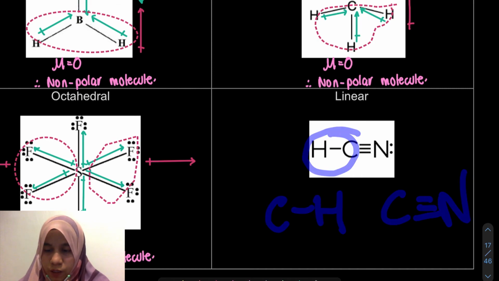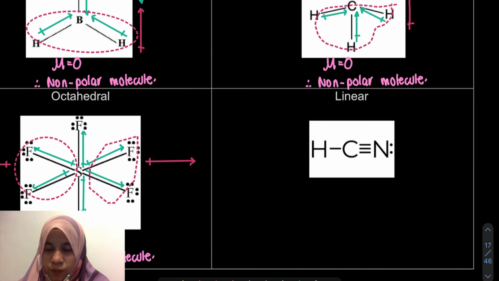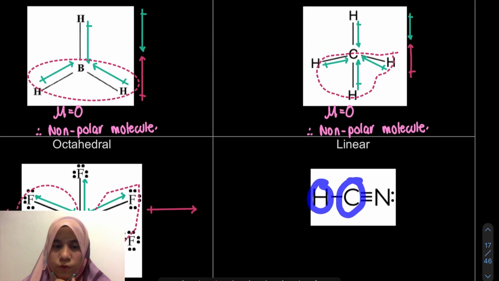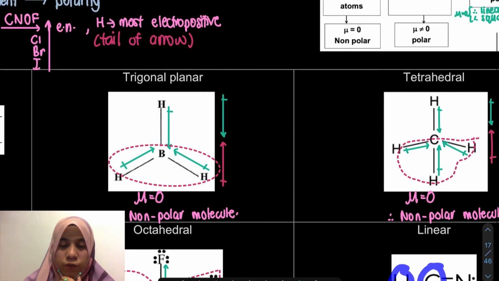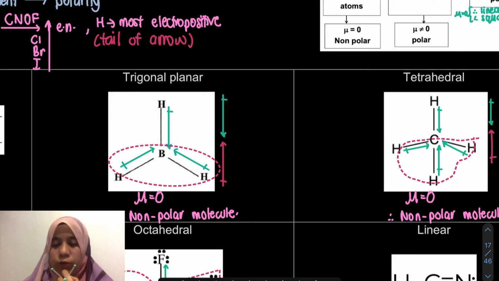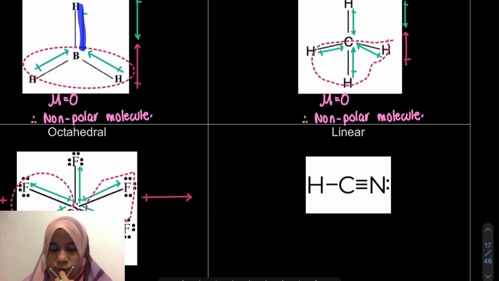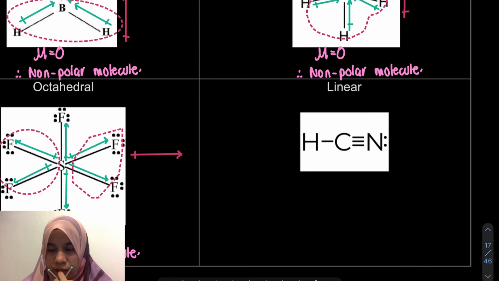Okay, so let's look here. For between hydrogen and carbon, remember that hydrogen is the most electropositive. So our arrow, the tail will be starting from our hydrogen. That will be our start. Okay, so this is our tail. Now between carbon and nitrogen, where?